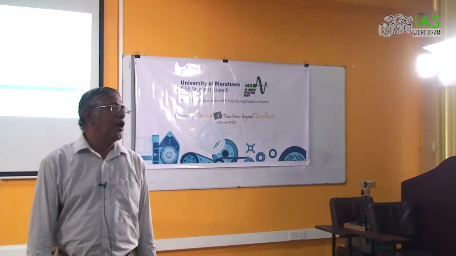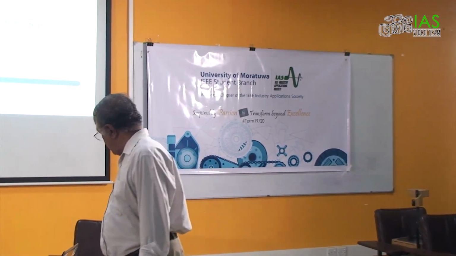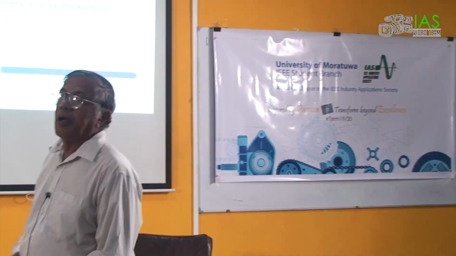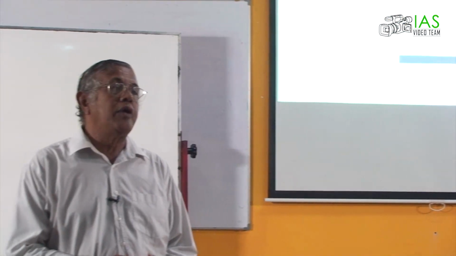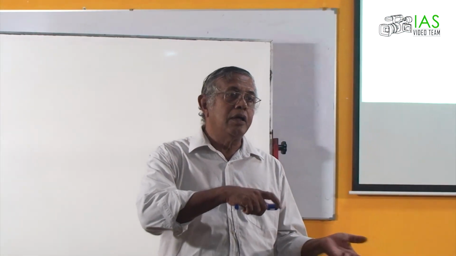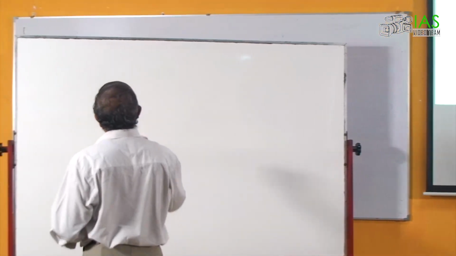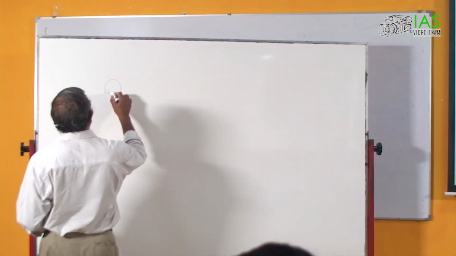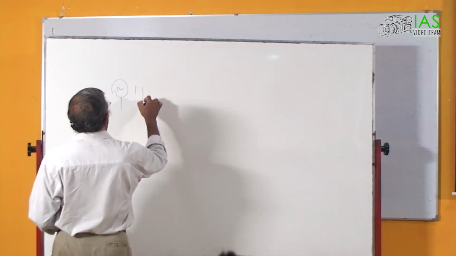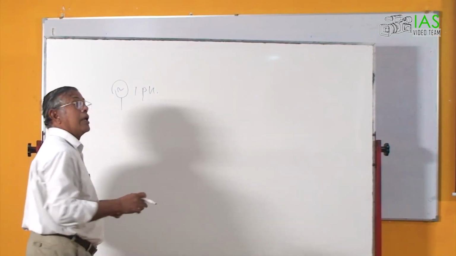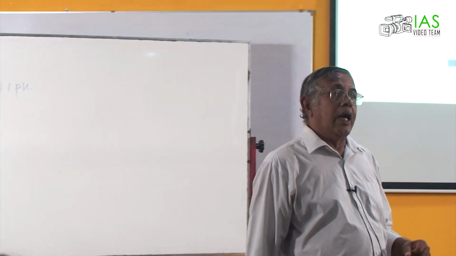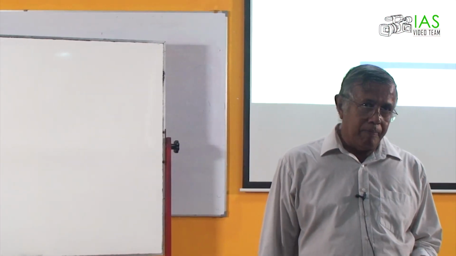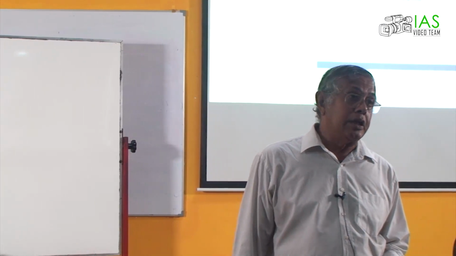Right? Now, if you assess the fault level at the LV side, you can replace this transformer with 1 pu, and assume an infinite bus at the 33 kV level.